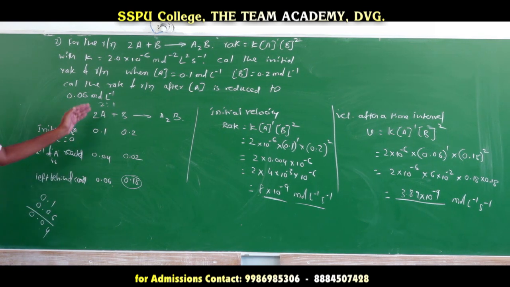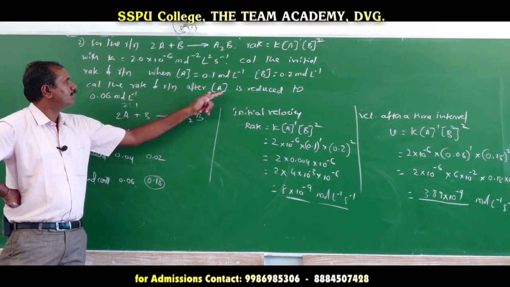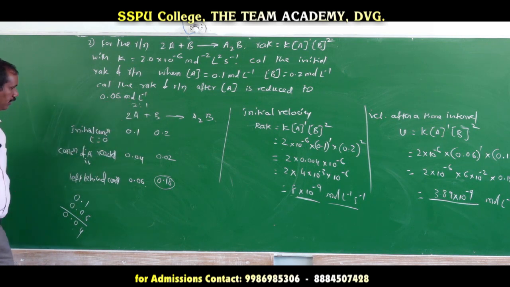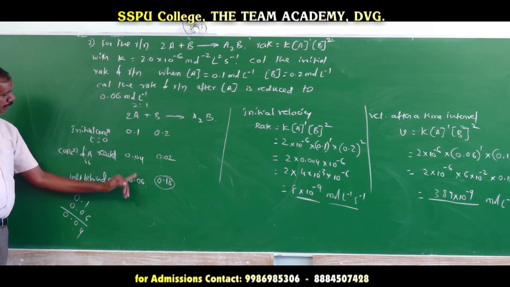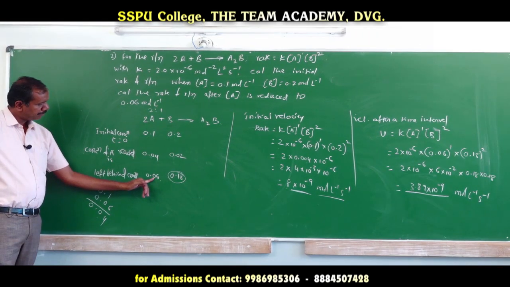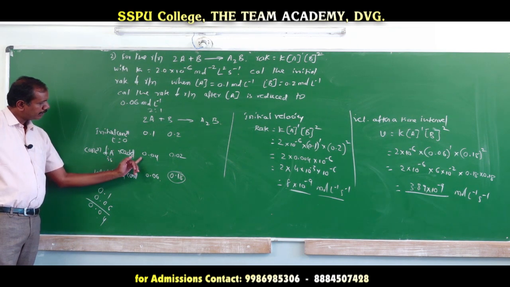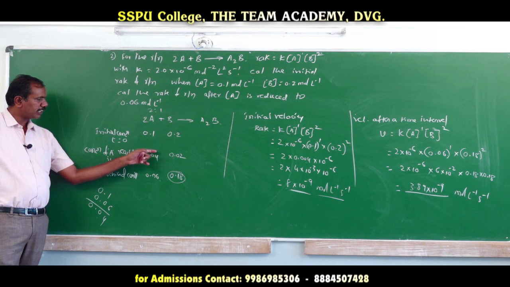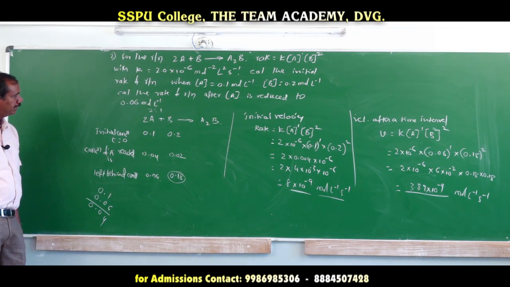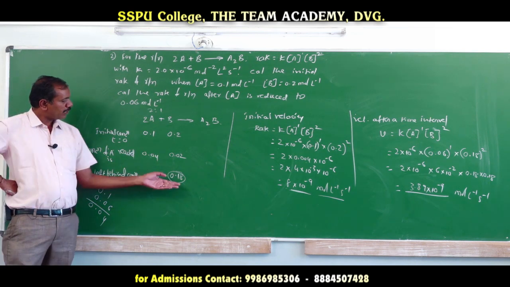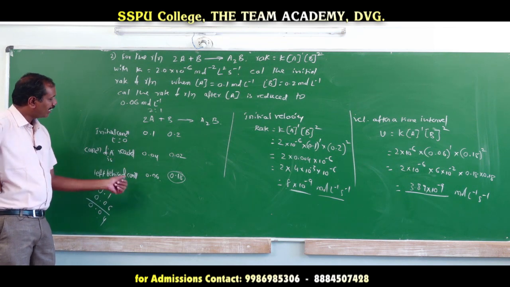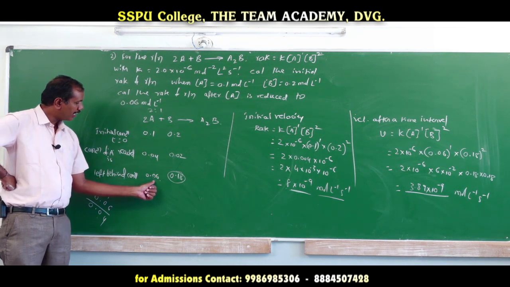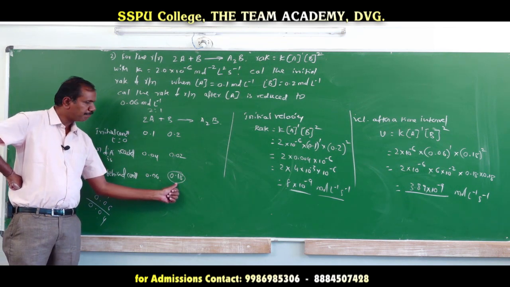The next question is, what is the rate or velocity when A is reduced to 0.06? We took 0.1, and finally it is 0.06. Then what is the concentration of A reacted? 0.1 minus 0.06 means 0.04 reacted. To calculate the final velocity, we should know the concentrations of A and B left behind.